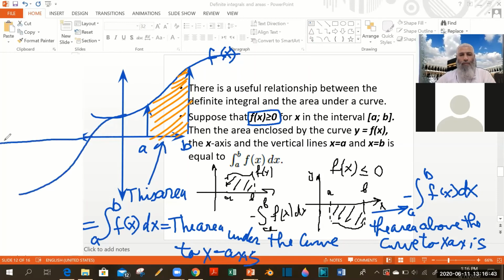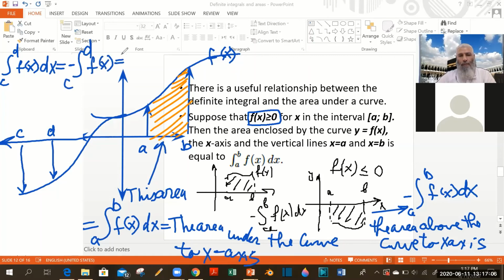So the area here, let's say from C to D, the integration from C to D of f of x dx is the area, but it is the negative of the integration. Negative the integration is the area.